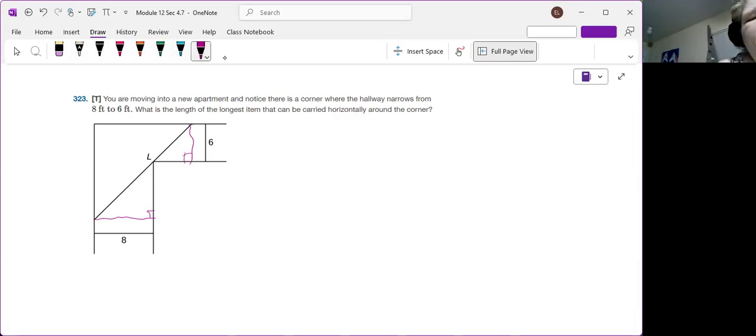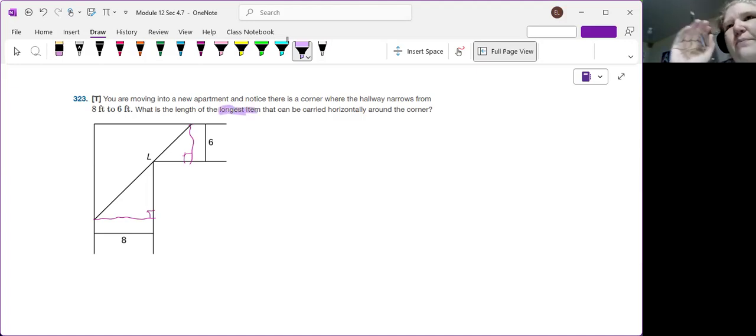Now, when they say longest item, that's a bit of a misnomer here. Because we're not going to find the maximum length that we could try to squeeze in here.